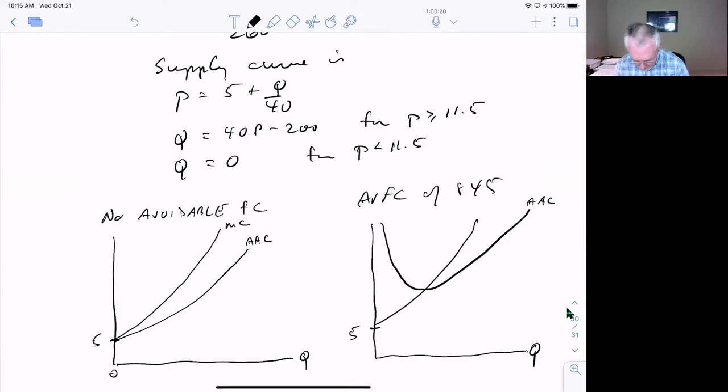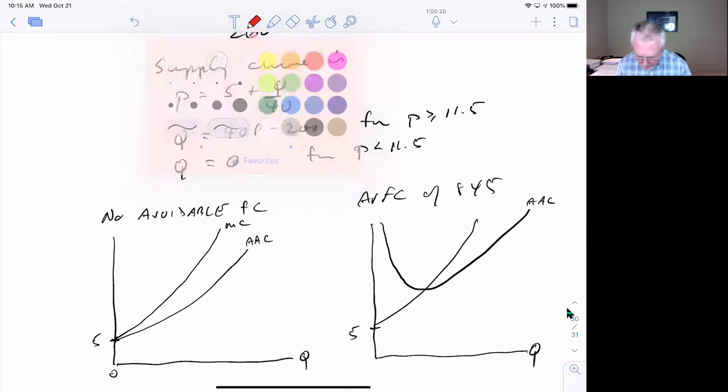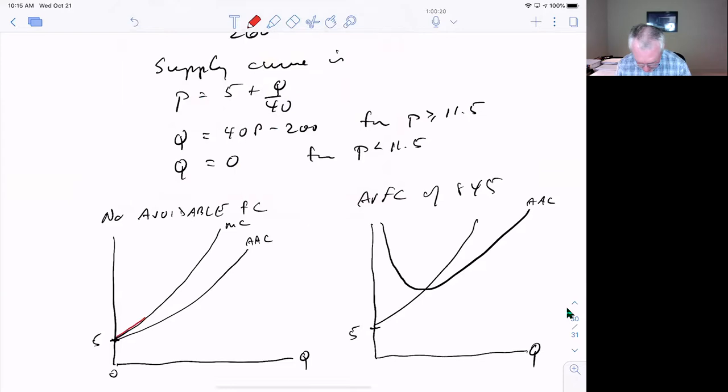Now, this was my supply curve in the case with no avoidable fixed cost: Q equals 40p minus 200. And this is the exact same curve over here.